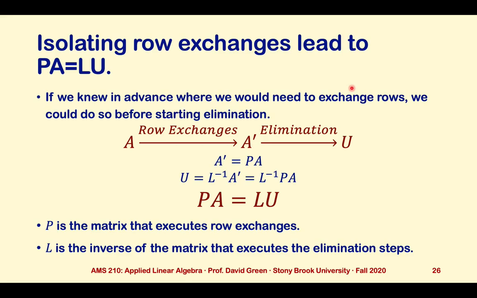So row exchanges in our default approach to Gaussian elimination were being done on the fly, interspersed between the elimination matrices. If we do that, then our product of elementary matrices would have permutation matrices mixed in with elimination matrices. We would no longer have a nice, clean structure.